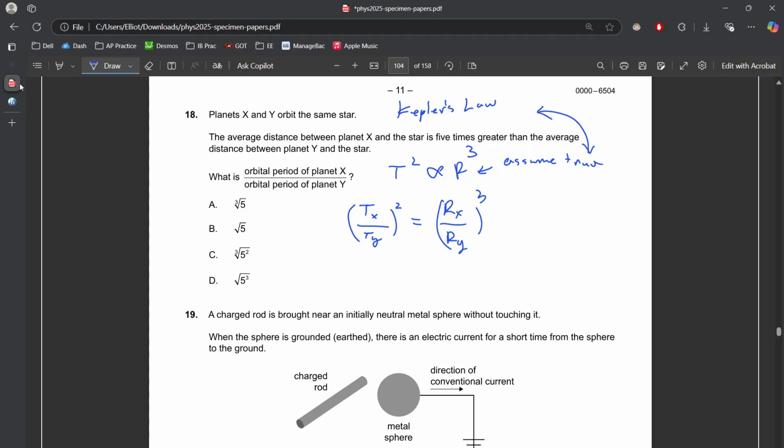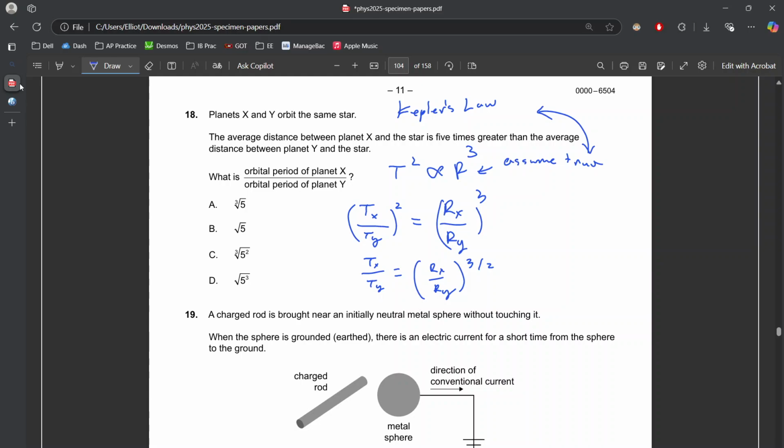Well, average distance of X is 5 times Y, right? So this ratio, I can't use r because I'm using r, so I'm just going to leave it as Tx over Ty. So Tx over Ty is then going to be equal to the 3/2 power of Rx over Ry.